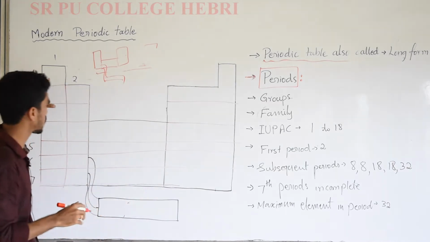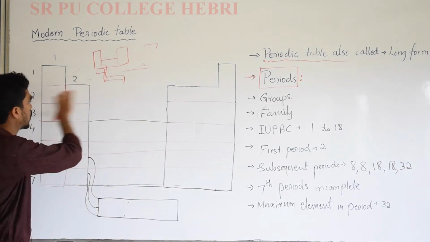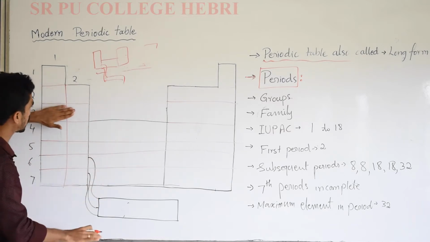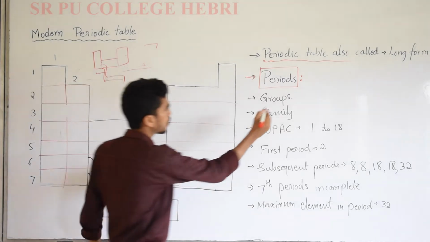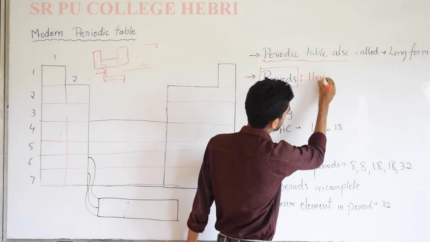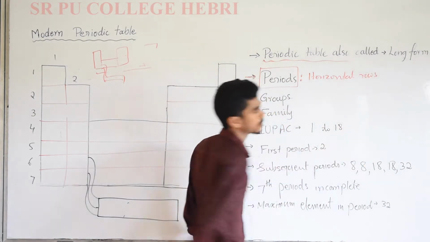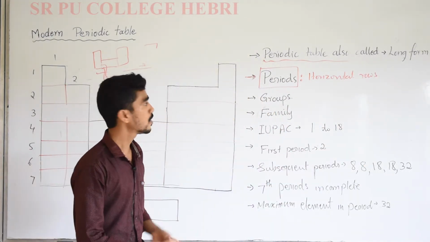In a periodic table there are horizontal rows, the lines going across, and those horizontal rows are known as periods.